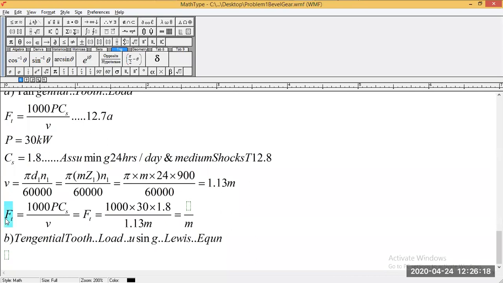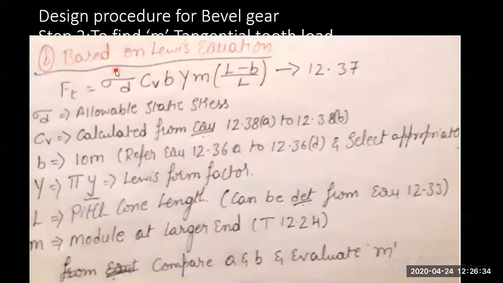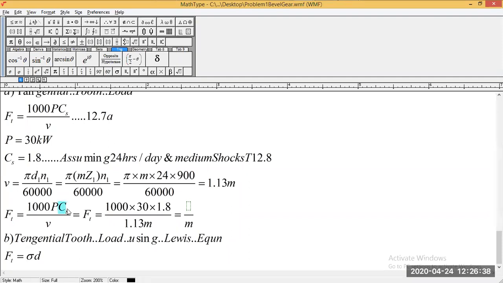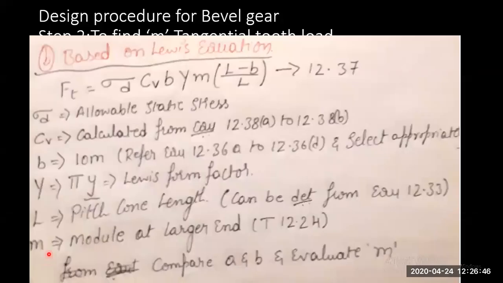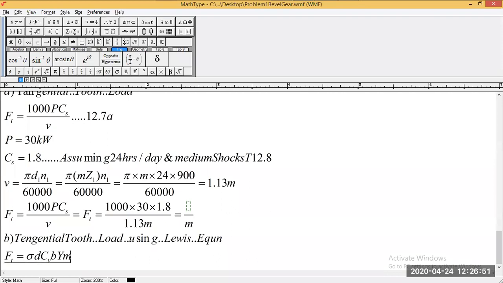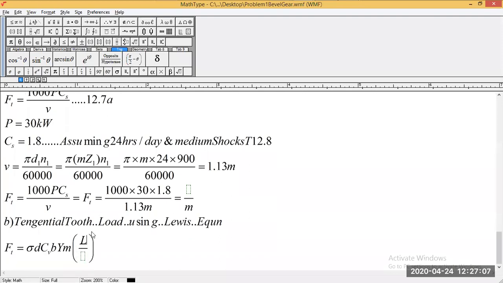So again here, this Ft is equal to sigma d, then again we have Cv, and b, capital Y, m, then into L minus b over L. This d is a subscript, right?